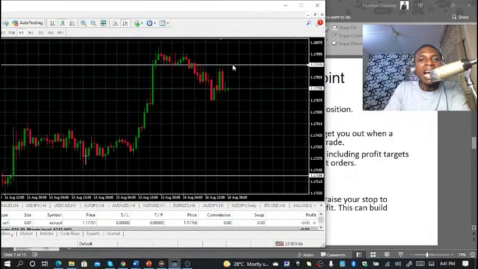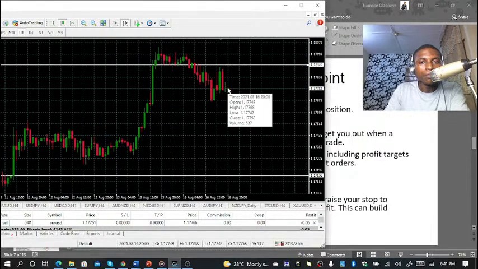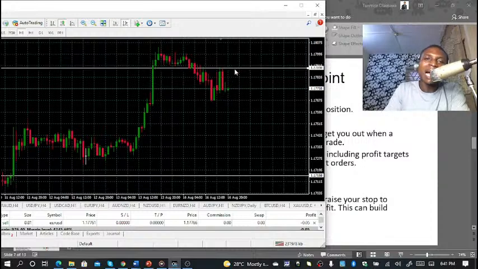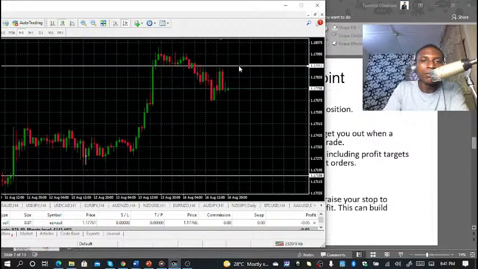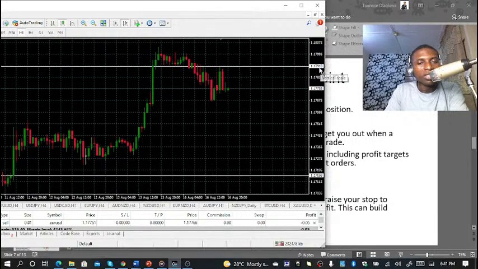Okay, fine. I've taken this trade at this level, and I want to put my stop loss at the next resistance level. Look at this level here, where we waited for the price to drop, right? So we now put our stop loss at this level, 1.17910.